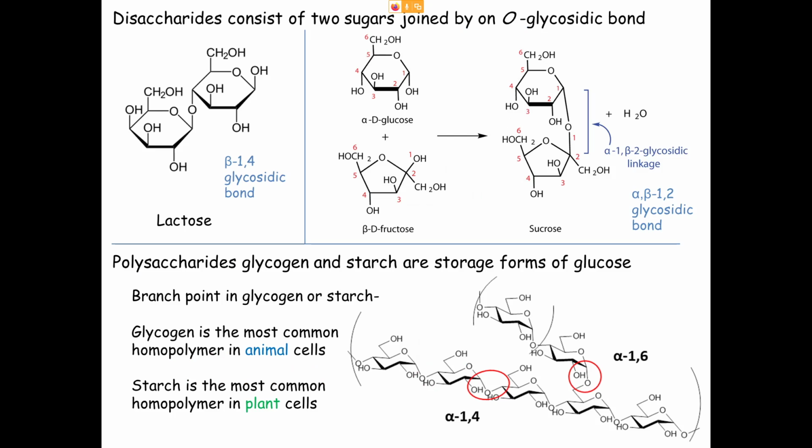Okay. The other disaccharides I want you to know are lactose and sucrose. Okay, so lactose is shown on the top left. Here we have a sugar number 1 and sugar number 2 in this order. It's very specific. Sugar number 1 here is what sugar? Right, so we have 1, 2, 3, 4, 5, 6 carbons. We have number 2 is down, number 3 up, and number 4 up.